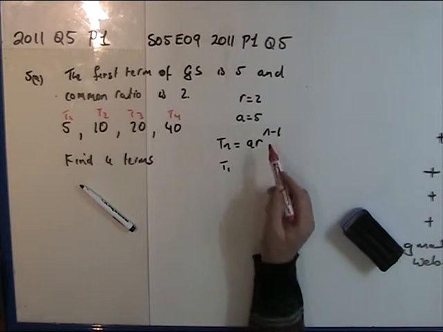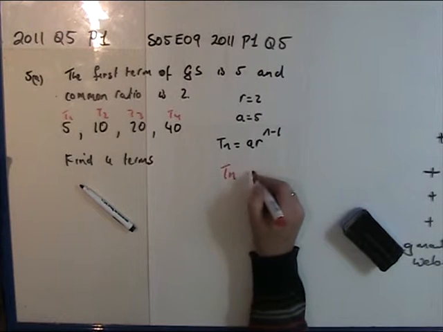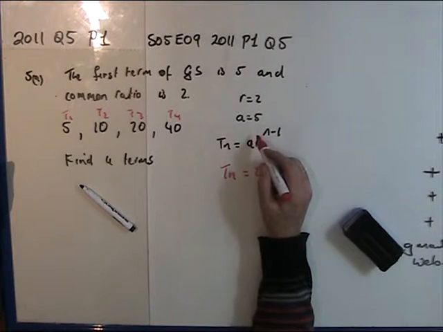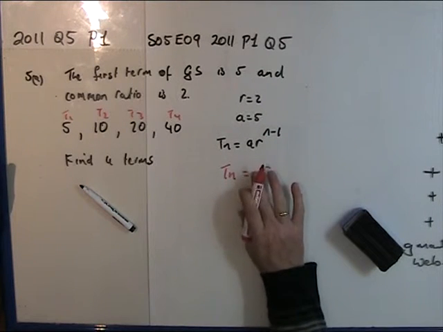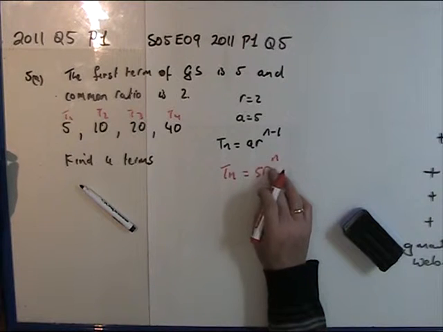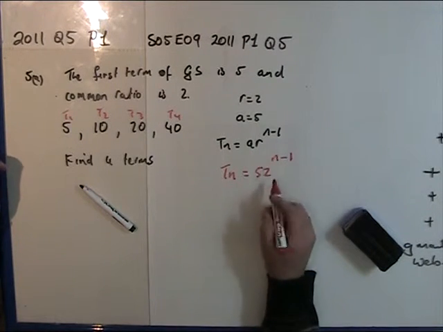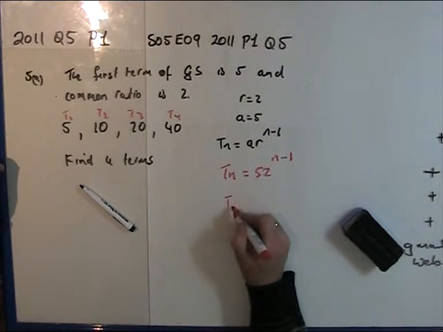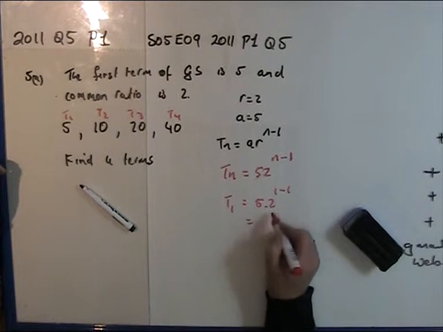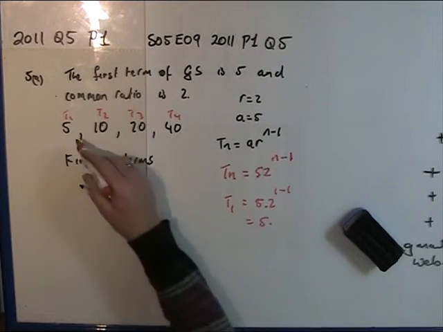So the formula is 5 times 2 to the power of n minus 1. For T of 1 that is 5 times 2 to the power of 1 minus 1, which is 2 to the power of 0, which is 1. The first answer is 5.